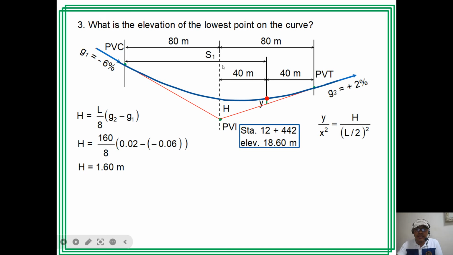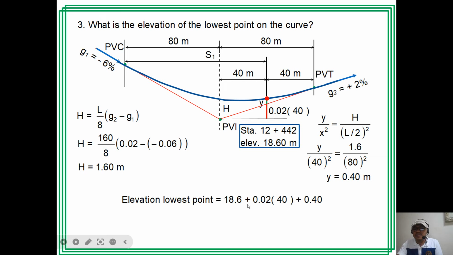Because we have h over L over 2 equal to y over x squared. So substituting values when x is 40, y is also 0.4. So I can have this distance. This is the grade 0.02 times 40. So the elevation of the lowest point is 18.6 plus 0.02 times 40 plus 0.4. That is 19.8 meters.